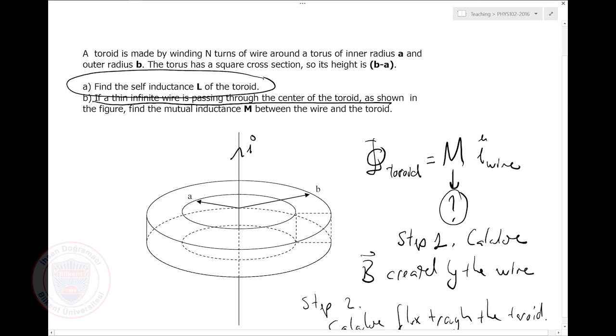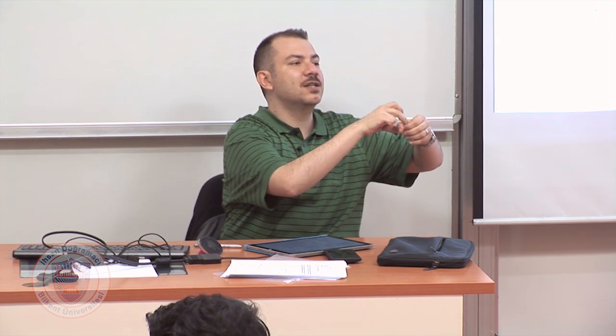How was mutual inductance defined? If I had two loops, when I run current in one loop, this is going to create a flux through the second loop. And that flux is going to be proportional to current in the first loop.